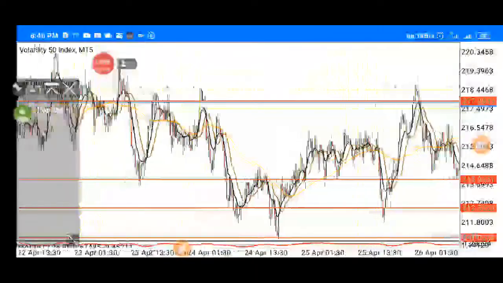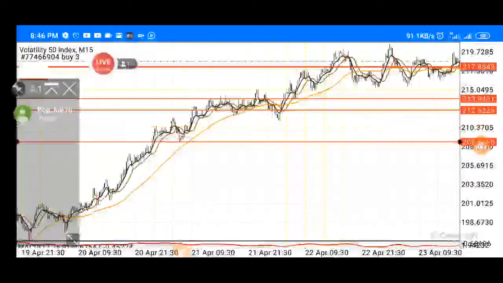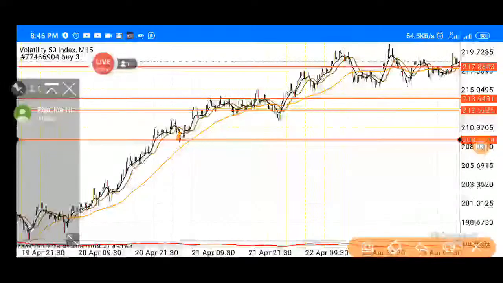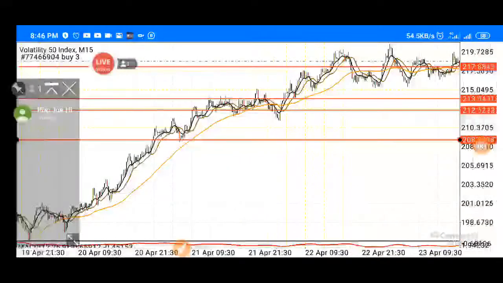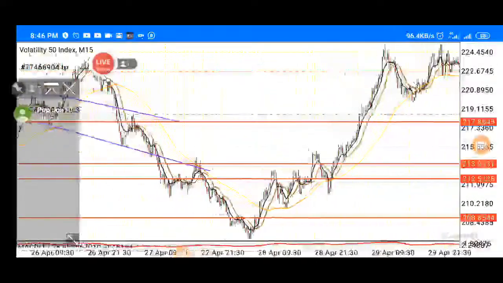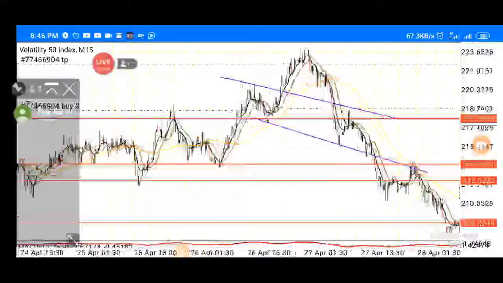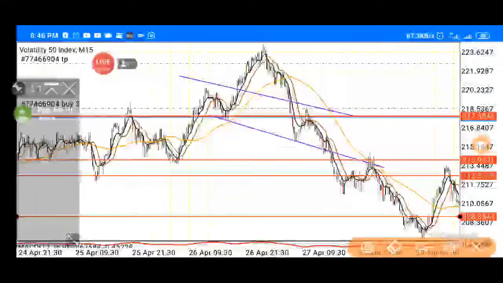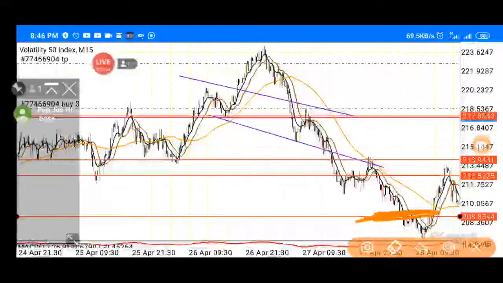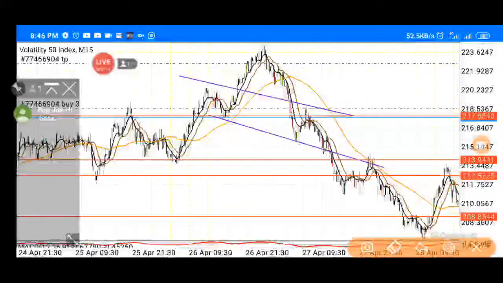So let's look for another support. So let's use this support. Okay, so here is our TP. That's the support I've drawn. So you can see now that the market was able to break this level.